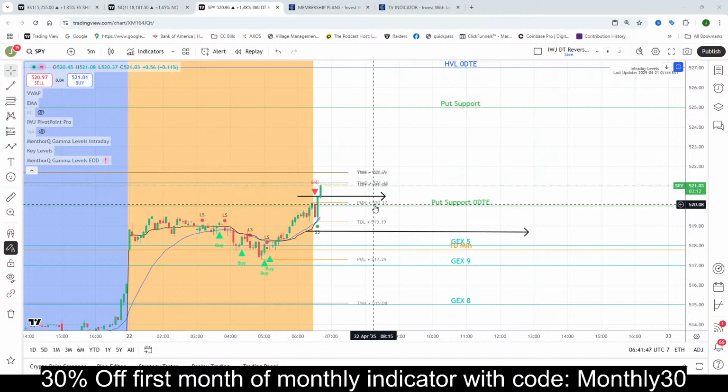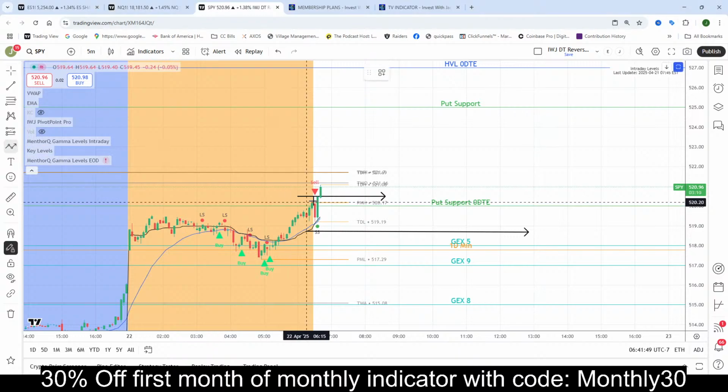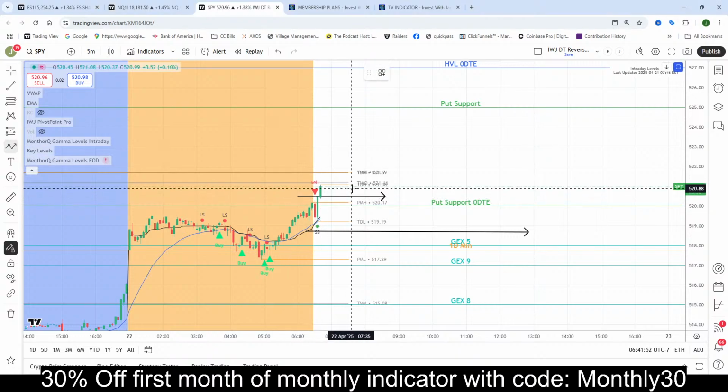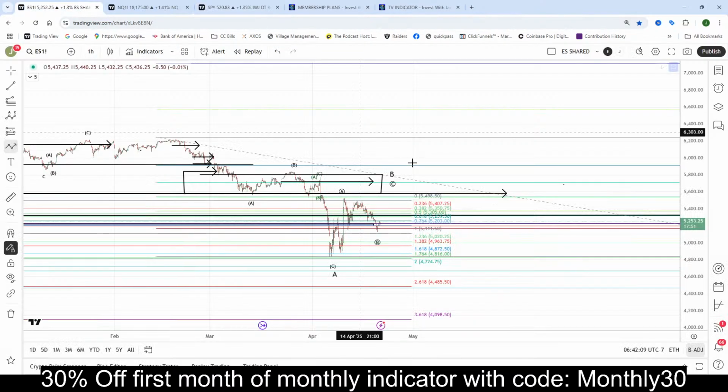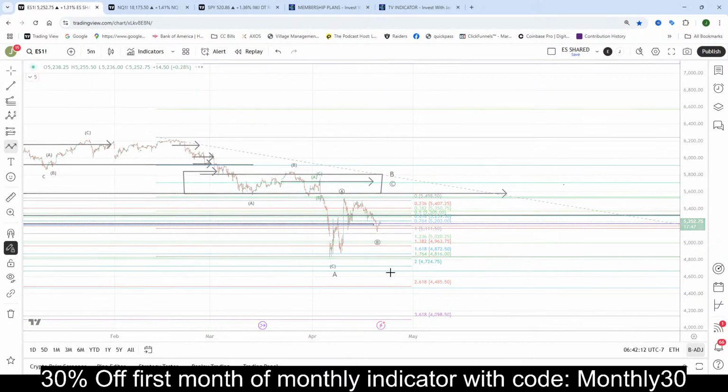Now we're above pre-market high. Give me 1 second here, guys. I want to zoom in on this chart for a second.